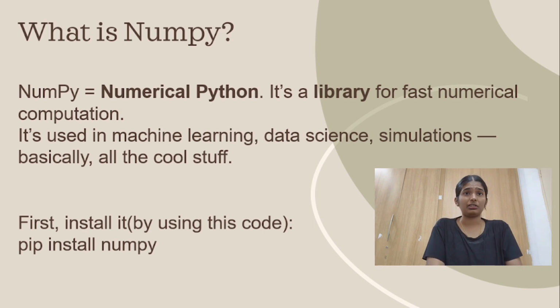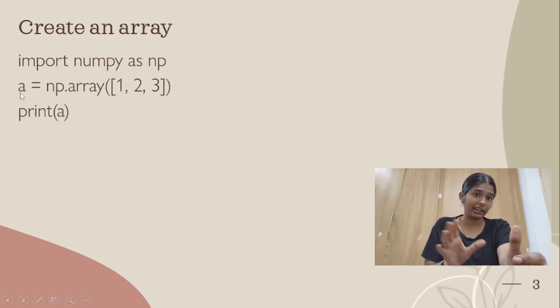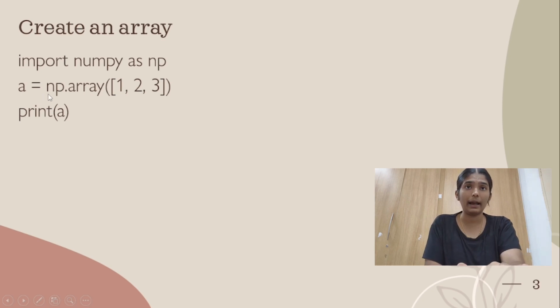So first, to do something with NumPy arrays, let us create a NumPy array. Here is how you can create your array. a = np.array, and you give the elements. So what is np?